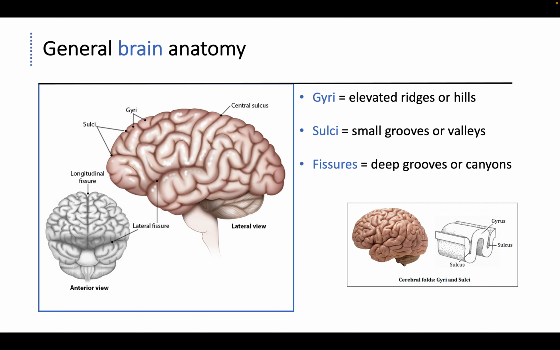We'll look at another slide in a second of something called the sensory and the motor homunculus. The homunculus is essentially a distorted figure stretched over one of these gyri that gives a representation of where different parts of the body are located within these gyri.